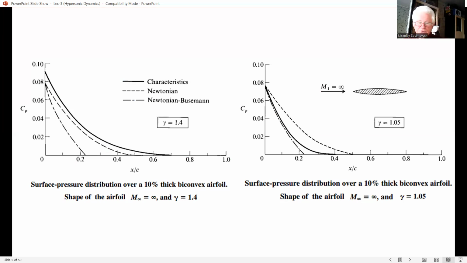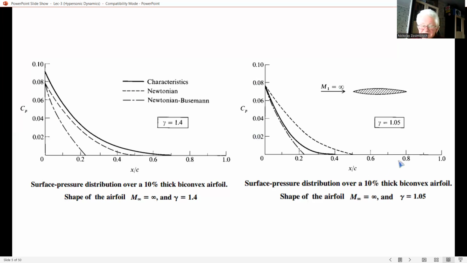For example, if you look at the right part of the slide, this figure illustrates the pressure coefficient over a 10% thick biconvex airfoil for very high Mach number. And this is the same type of comparison made in the left figure, right?